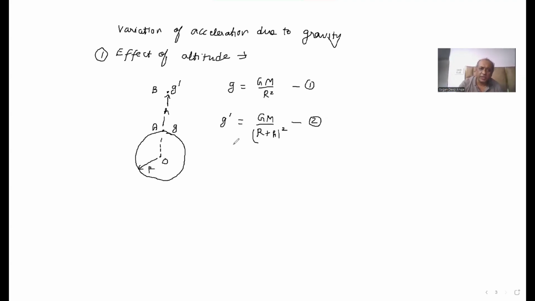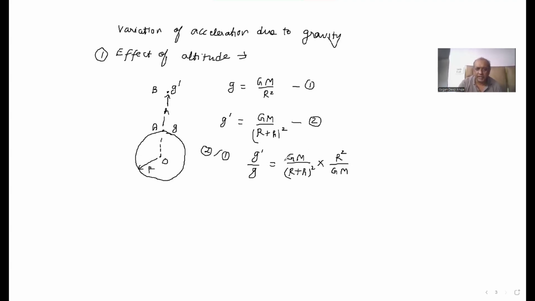So if I divide equation number two by equation number one, what I get is g dash divided by g is equal to GM divided by (R plus h) whole square multiplied by, now g is GM by R square, so R square goes into the numerator, and in the denominator we are left with GM, right?